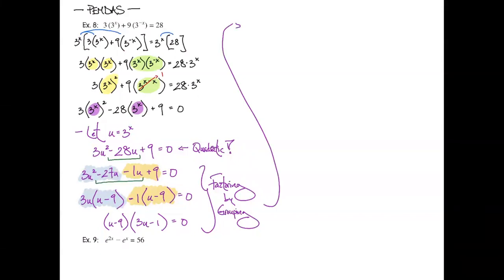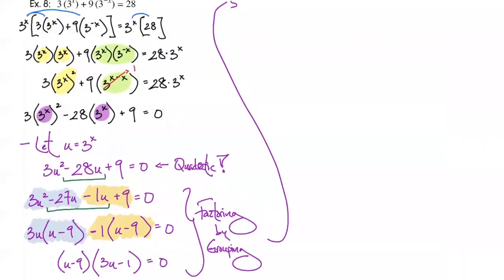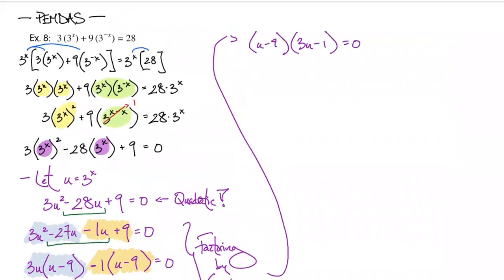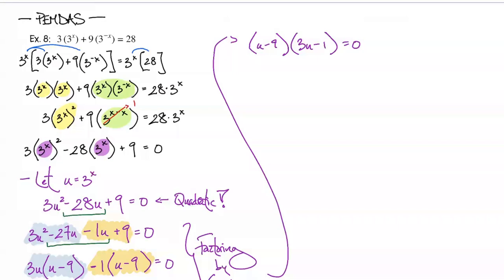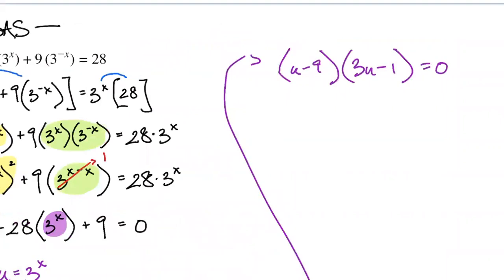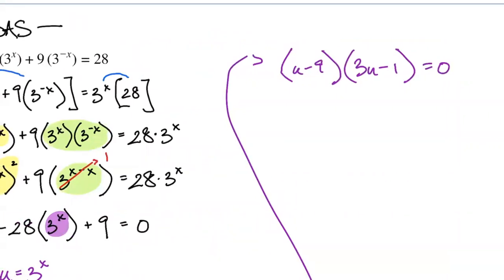Here's what I mean by that. I have u minus 9 times 3u minus 1 equals 0. How do I solve for u? There is something called the zero product property.